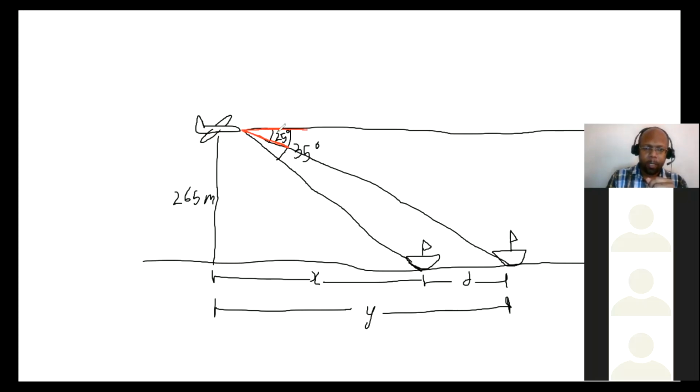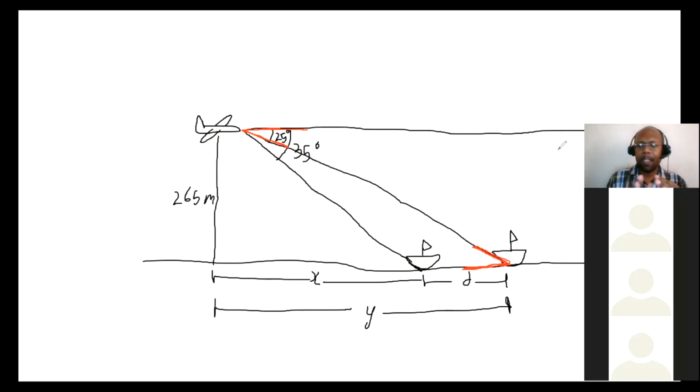Notice I highlighted that little angle there, and it corresponds with this angle here. It actually makes a Z shape. So pay attention to that Z shape. The line of sight and the sea level form parallel lines.